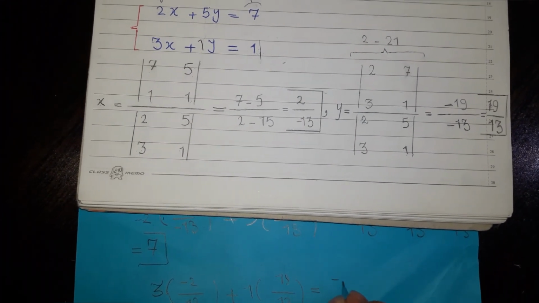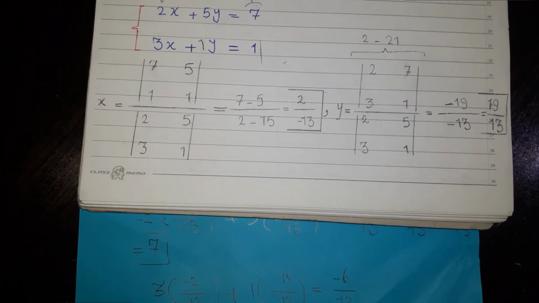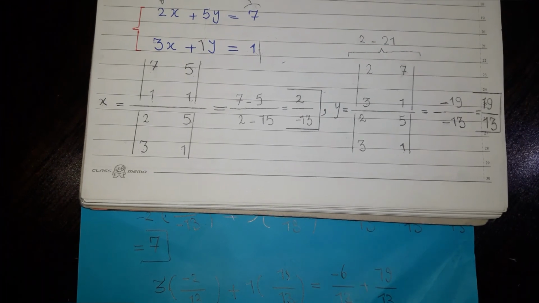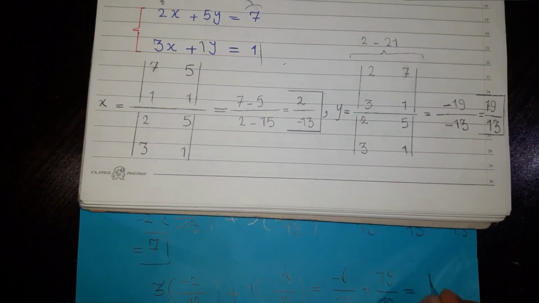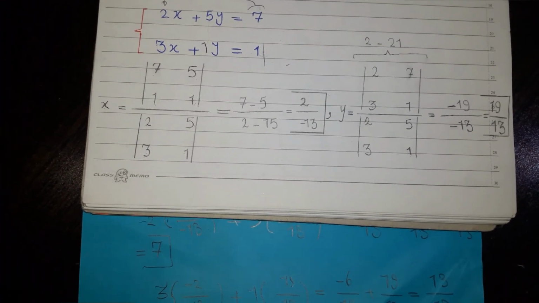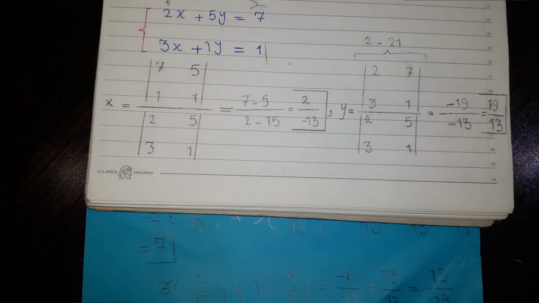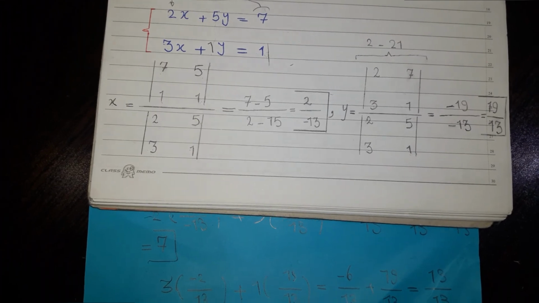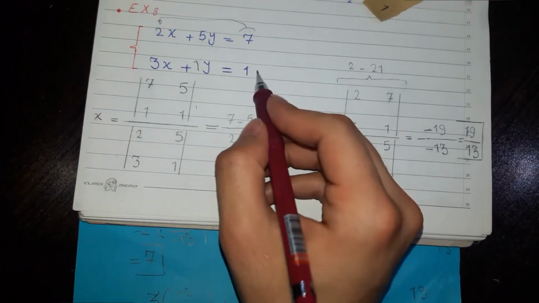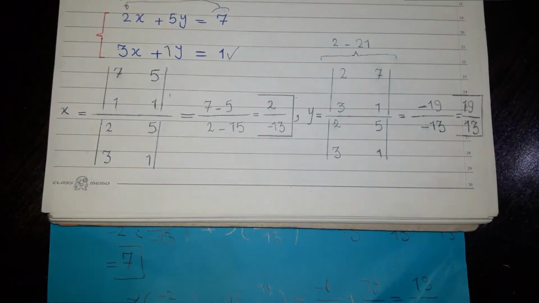That is negative 6 over 13 plus 19 over 13 equals 13 over 13, which is overall 1, which is the correct answer. So the answer is correct.